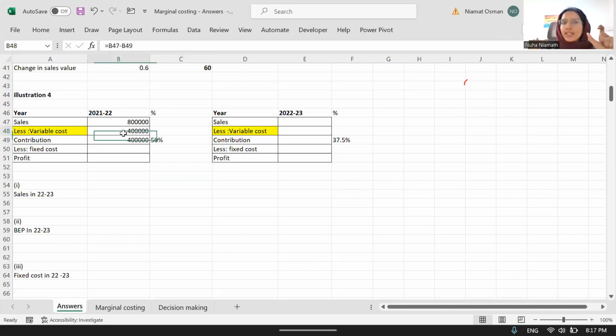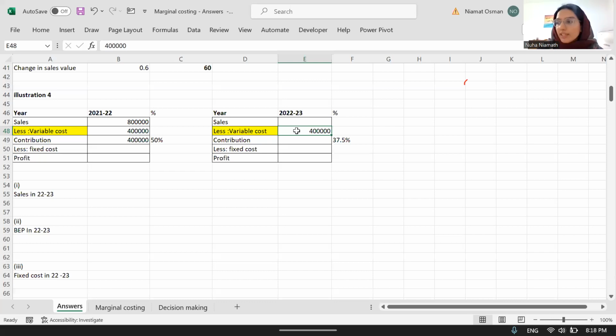That means, can I say that my entire 4 lakh will be the same 4 lakh in year two as well? Only SP will change. Exactly, Abhishek. So my variable cost will remain the same.